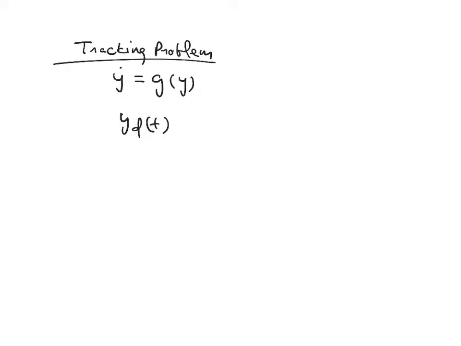I'm using y because most of the time we are tracking outputs. For example, if you remember your differential flatness, it was the output that we were trying to track, and y is your position and velocity.